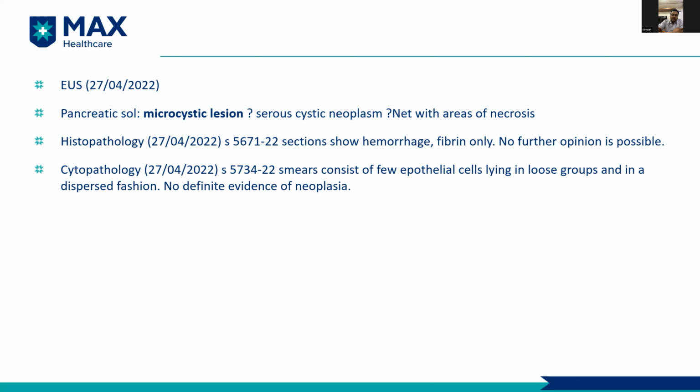So there was no real duct communication, and no real cutoff of the main pancreatic duct. Also, the main pancreatic duct could be continuously traced from the tail up to the head of the pancreas. So there was no real reason for worry with the upstream pancreatic duct dilatation that was described.